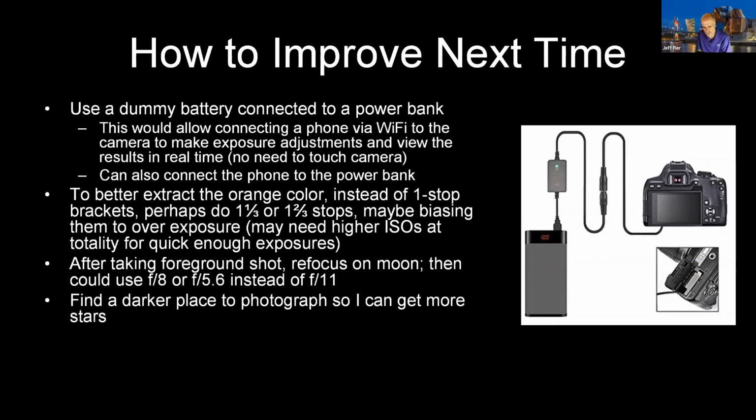So in the future, I would use F11 to take a picture of the foreground, get a nice foreground image. But for the moons, there's no reason to keep the f-stop at F11. I could change that to F8 or F5.6, and I could even refocus on the moons and therefore get a sharper moon. And with a bigger aperture, I wouldn't have to get the ISO up as high when I got those longer exposures. So I would definitely do that.